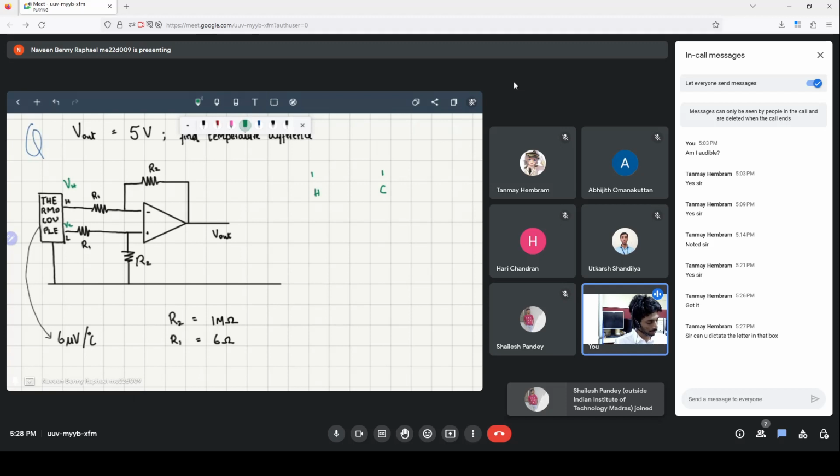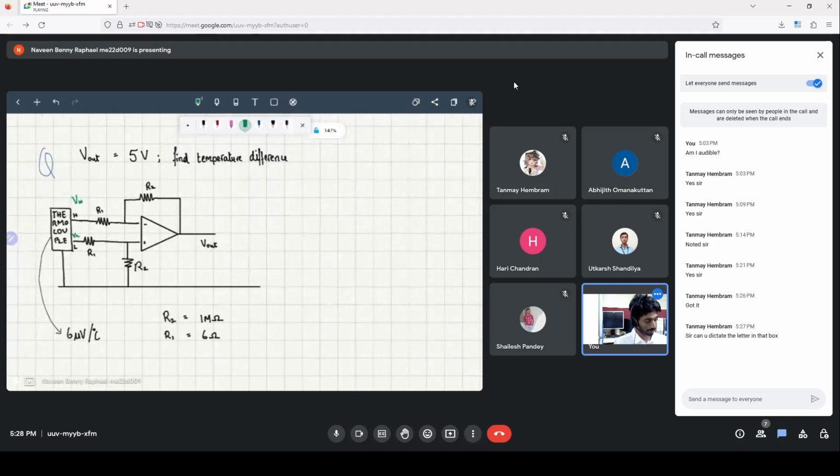I am saying that this thermocouple gives an output of 6 microvolt for every degree Celsius of difference between input and output. So that's the thermocouple, and you can solve this. I hope that made sense. Is there any part of the diagram you need more explanation on? I hope the question is fine.